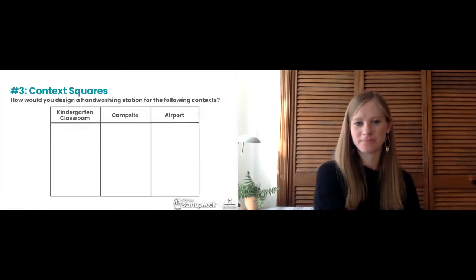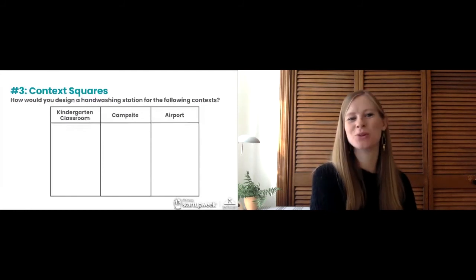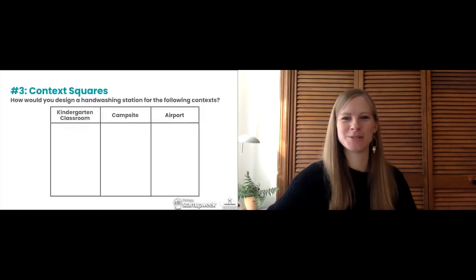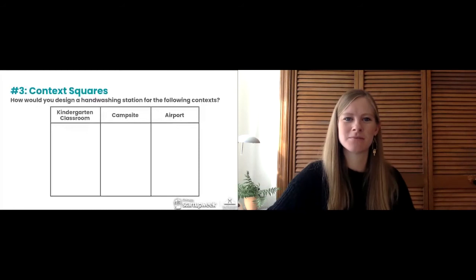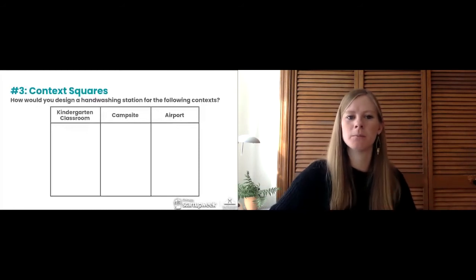All right. Again, I wish we were in a room and I could see if you drew something out, and I'd probably give you more time if we were in the classroom too. But maybe you could draw something out, or you could write down some components as to what you would be sure to include in these 3 contexts.